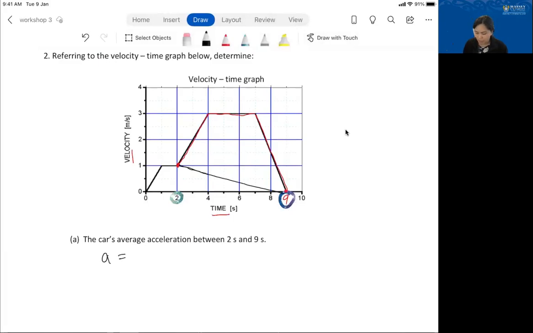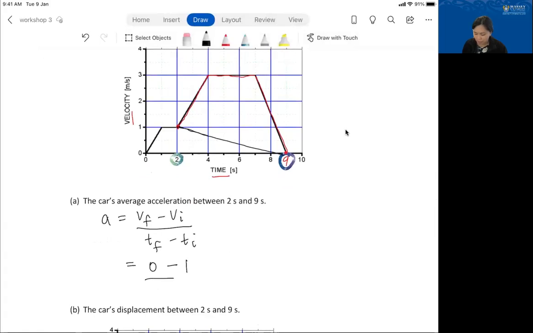So essentially, acceleration is change in velocity over change in time. Your final velocity will be the velocity at the final time, that will be 0, minus the initial velocity, the velocity at the initial time, which is at this point, which is 1 meter per second, divided by the final time, 9 seconds, which the problem actually says, minus the initial time, 2 seconds.